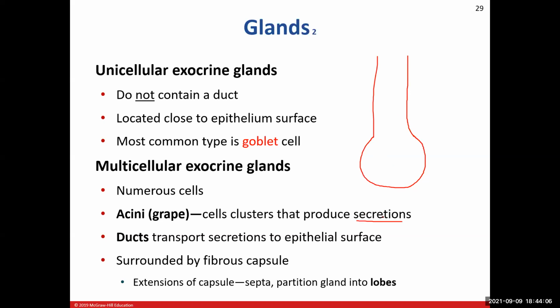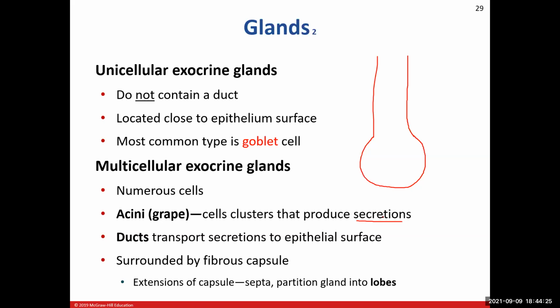These glands are going to be surrounded by a capsule. As I've mentioned before, especially when we were talking about connective tissue, some of the organs in your body, like your kidneys and liver, have a capsule around them.